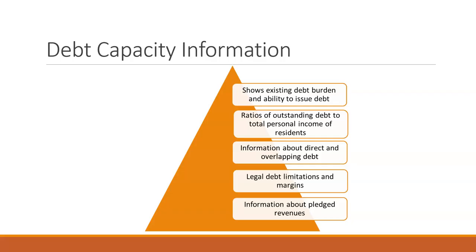Debt capacity, as I said, any debt limitations, pledged revenues, what is our current debt burden, what's our ability to generate more debt, ratio of outstanding debt to personal income of our residents. We also look at it as part of total property valuation within our government.